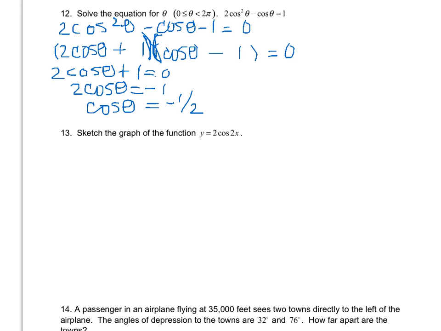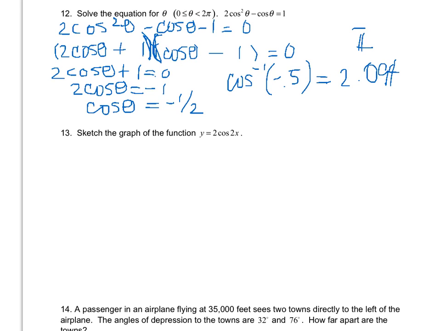So we would go to our calculators and input this. Make sure you're in the radian mode. You would input inverse cos of negative 0.5, and your calculator spits out the answer 2.094. Well, that's only one quadrant, and that's in quadrant 2.